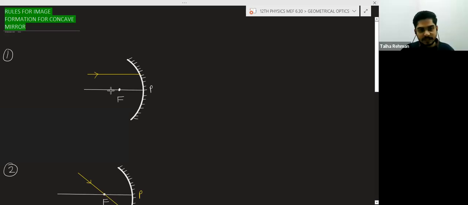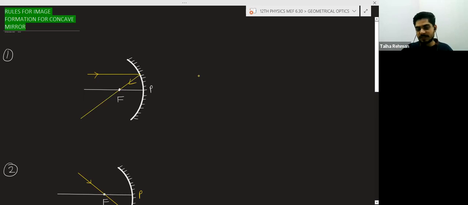So basically, this is the principal axis, and this is a ray of light, and this ray of light is parallel to the principal axis. So what will happen if a ray of light is parallel to the principal axis? It will always pass through the focus after reflection. First rule.